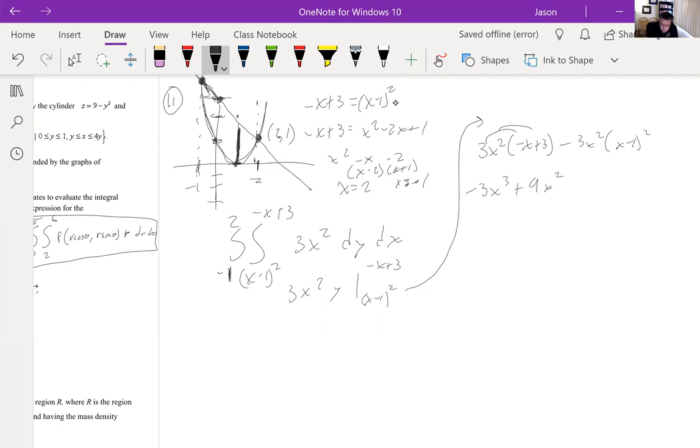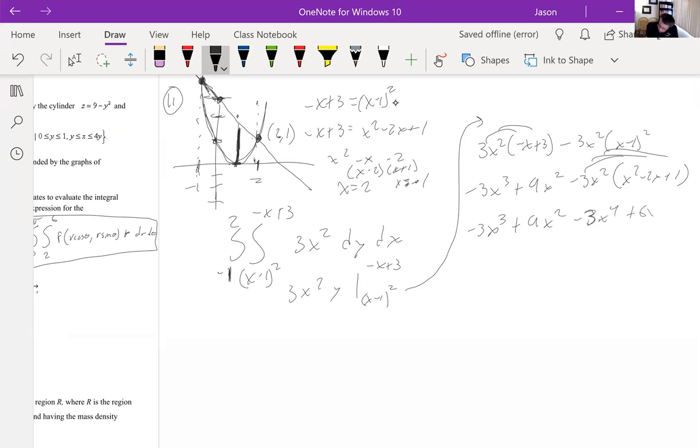Okay, this is going to be negative 3x squared times x squared minus 2x plus 1. Let's distribute this guy. This is negative 3x cubed plus 9x squared minus 3x to the 4th. That's nice.